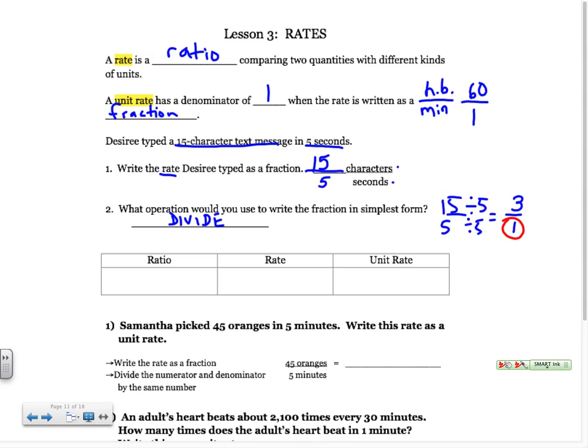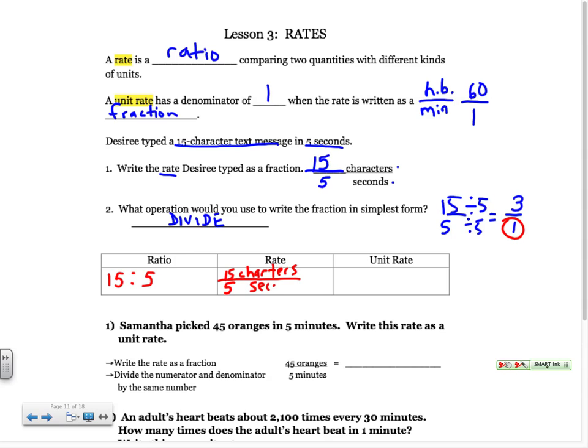So let's look at our chart here. What's the difference between a ratio, a rate, and a unit rate? Well, we know a ratio is a comparison of two different quantities by division. So what are we comparing here in our ratio? 15 to 5, in the problem above, is a rate. Just include the words 15 characters in 5 seconds.